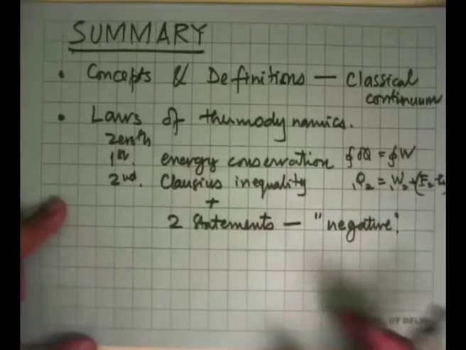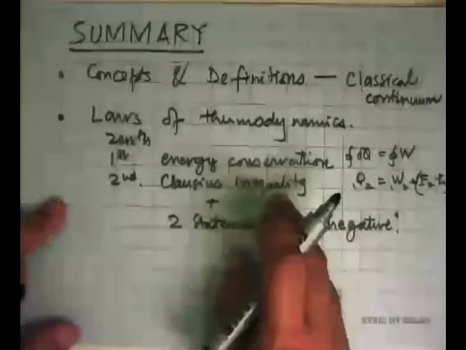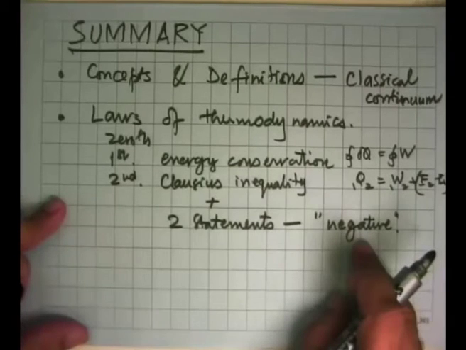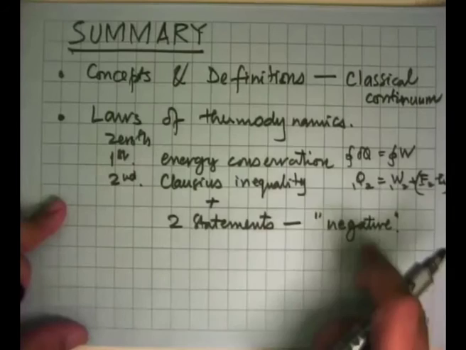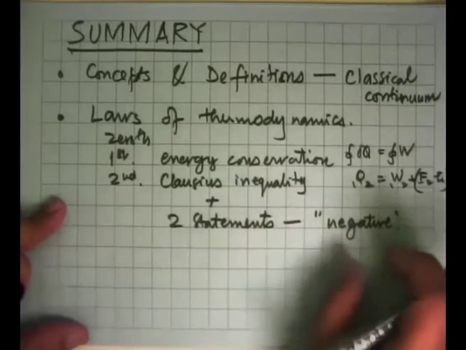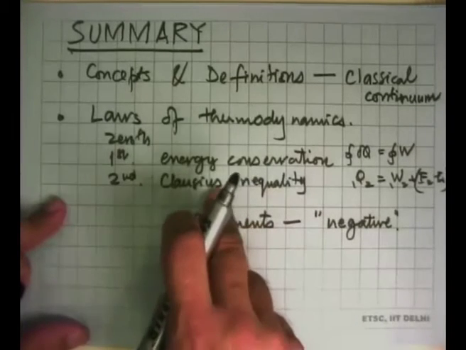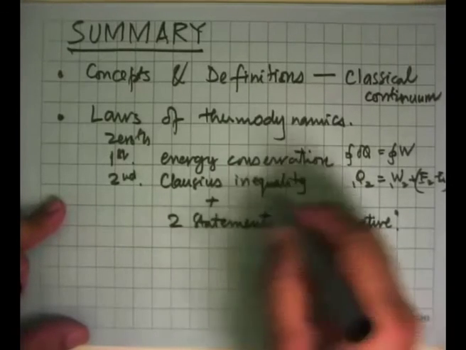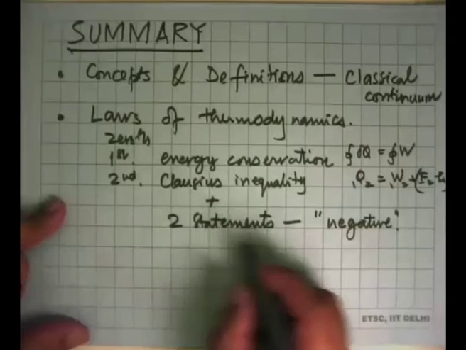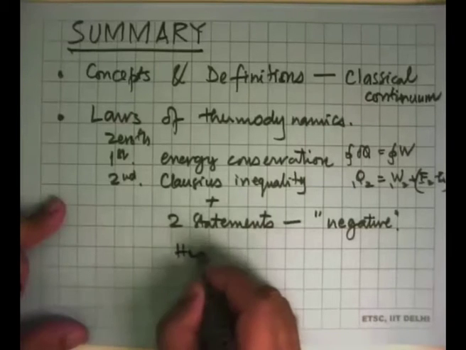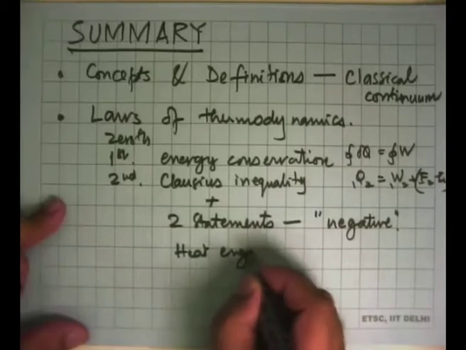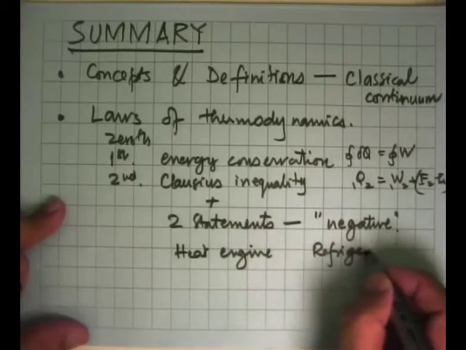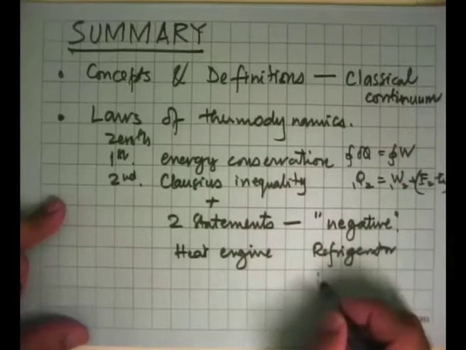But then we sat down and said, okay, if the Clausius inequality is to be valid, and I have one of these statements and I want to make a modification so that I don't violate the Clausius inequality, then what do I need to do? And so we went out from there and we came out with two concepts of a heat engine and what we may call a refrigerator or a heat pump.